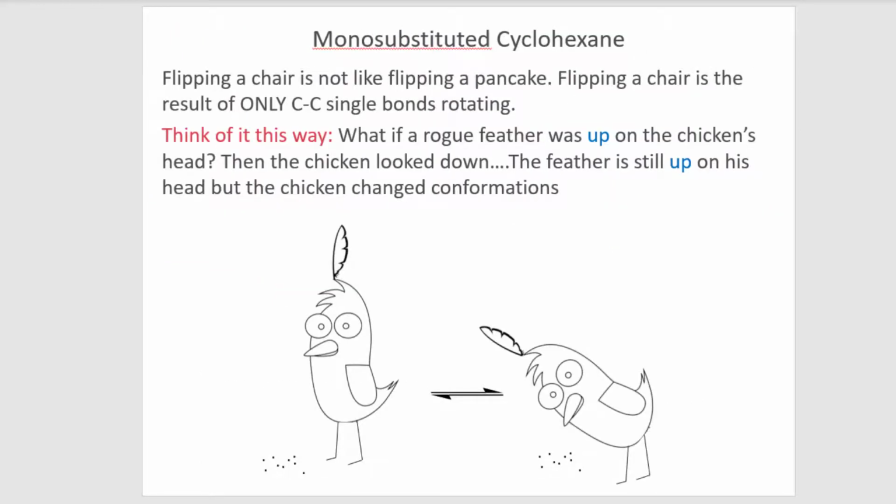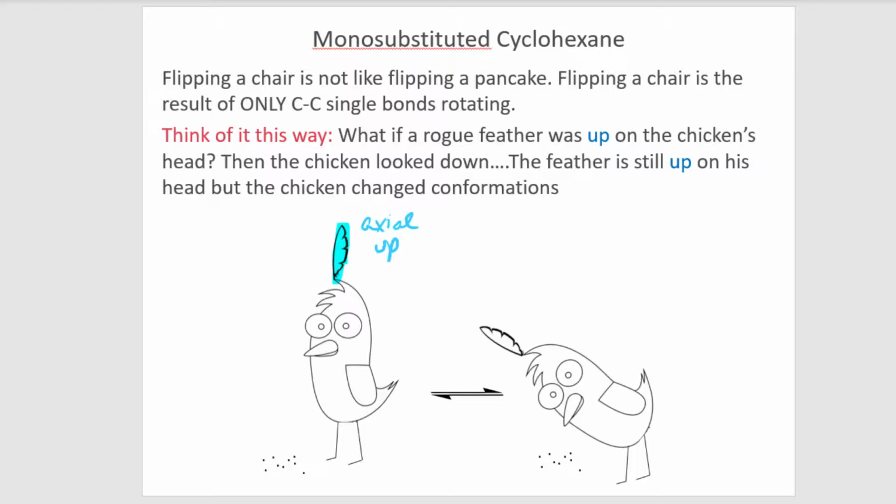And so I highlight this in this image. Here's your bromine. This is your axial up. And then your duck, so this is one conformation of your duck, and it just so happens that the group you're interested in is like a rogue feather on the duck's head, sticking straight up in the axial direction.